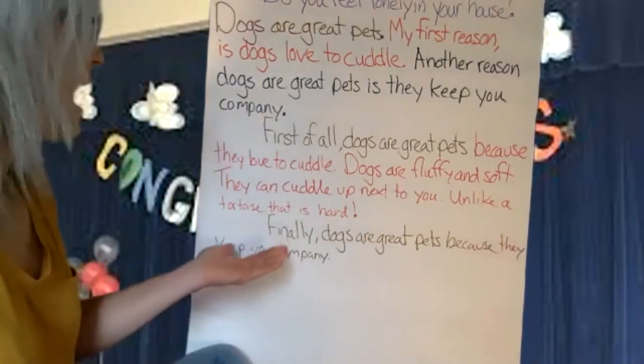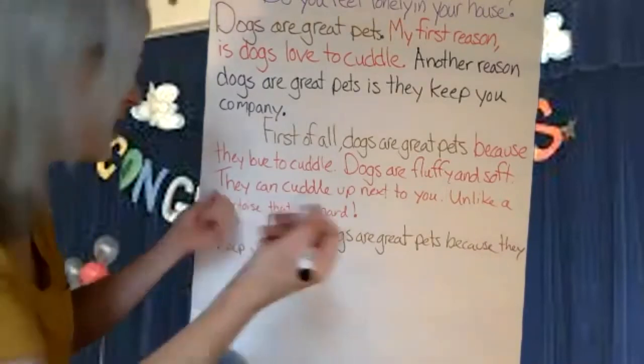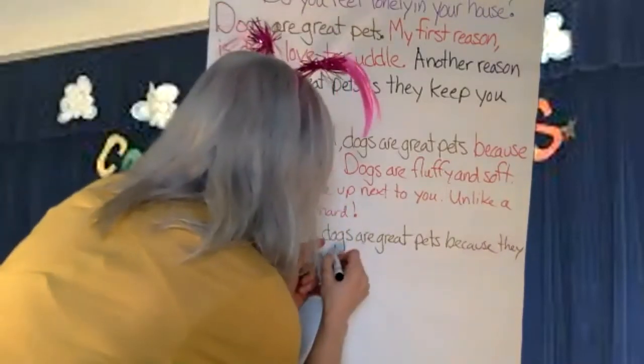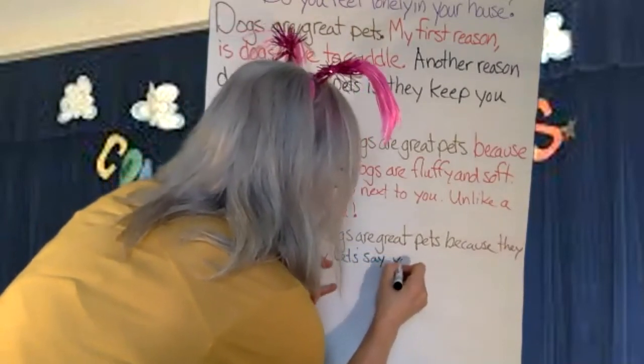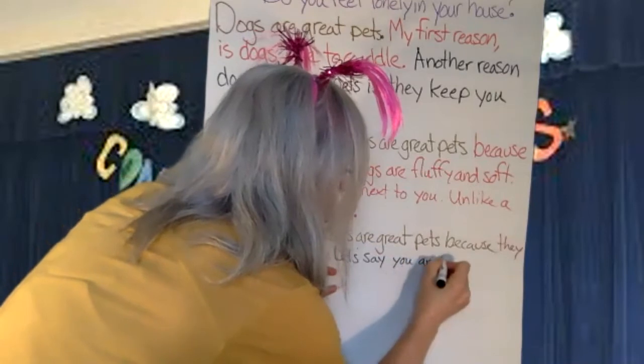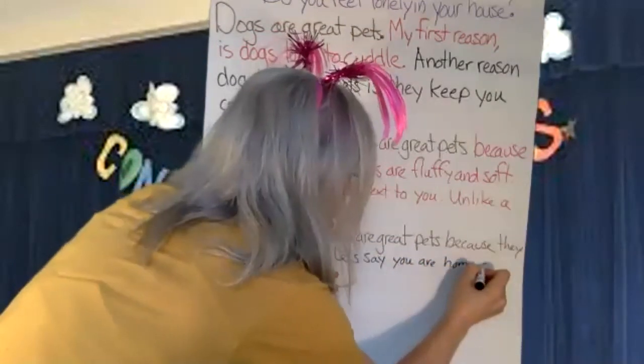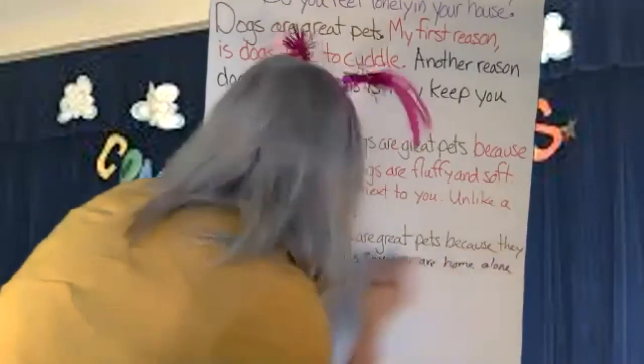So let me just give you an example for now. Let's say that you're home alone at night, and you can actually do this. You can give yourself an example. Let's say you are home alone at night.